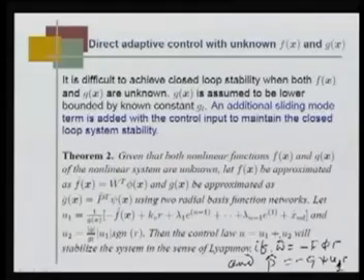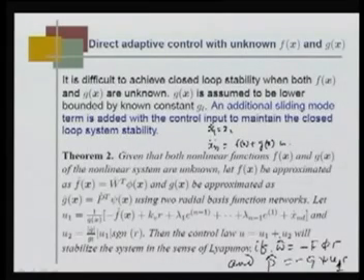This is the proof that given an affine system, x 1 dot is x 2 and so on until x n dot is f x plus g x u, this u consists of two terms, u 1 plus u 2, where u 1 is given by this linear feedback linearization term structure.